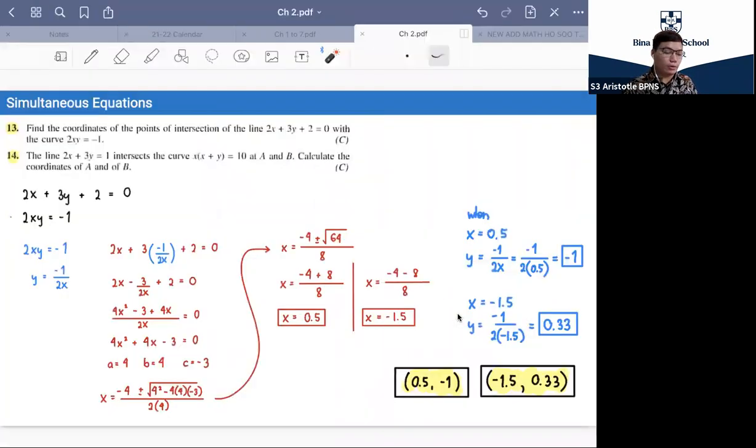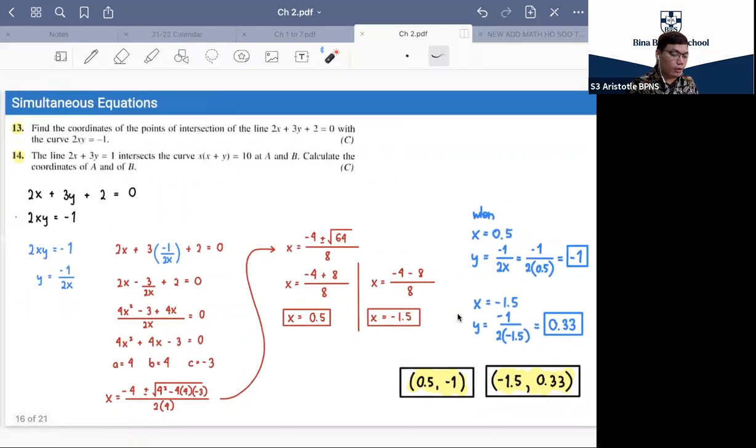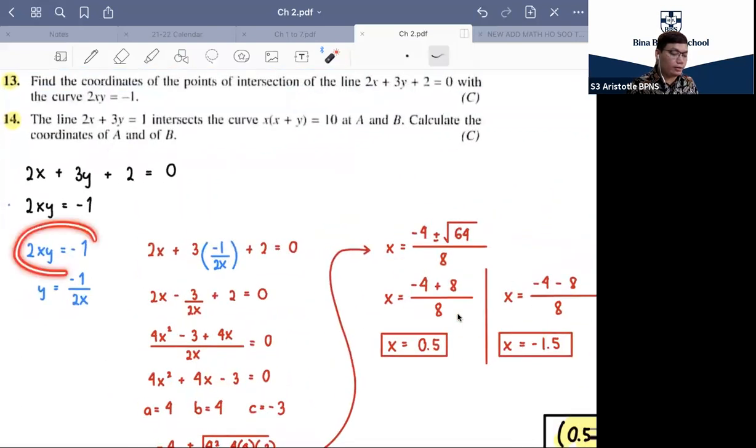Okay, so it's just the same process, class. So we start with the linear one. Sorry, I went with the other equation. What I did is I made y the subject of this one.